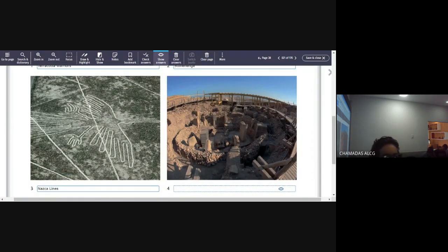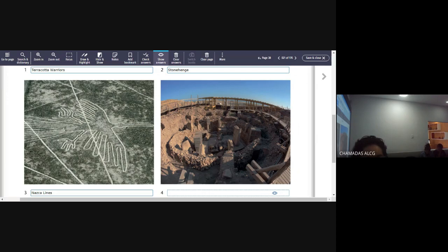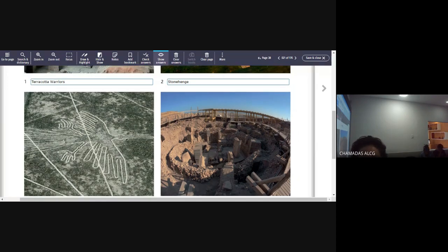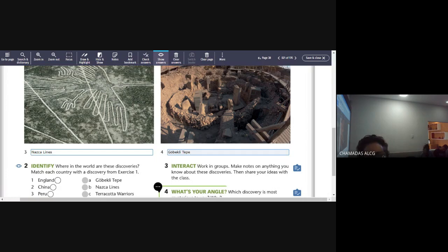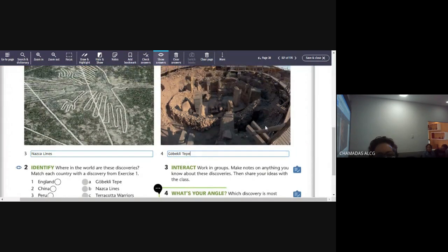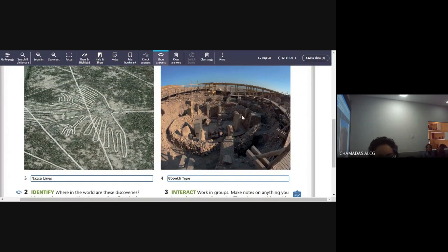Look, beautiful drawing. Looks like a bird, doesn't it? Yeah, and it's really big. The last one. Golden Pig. Yes, go back, tap. This is also another interesting archaeological discovery.